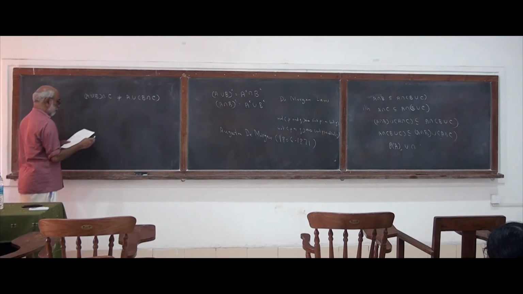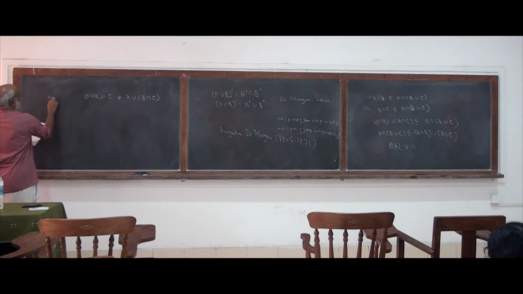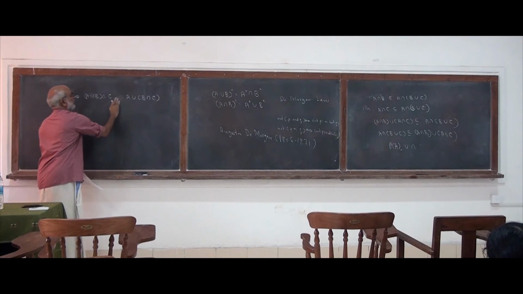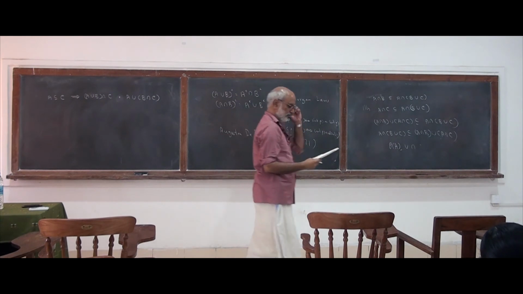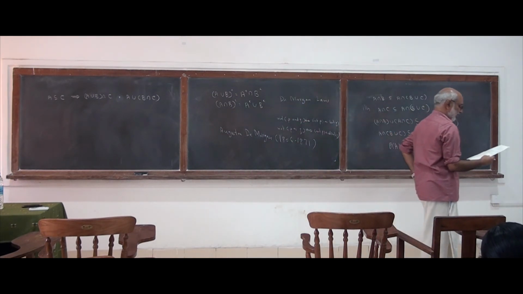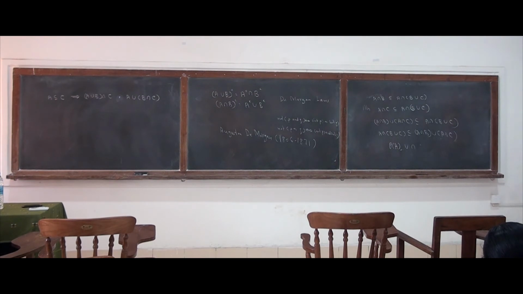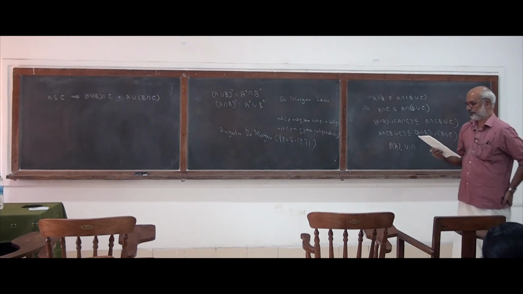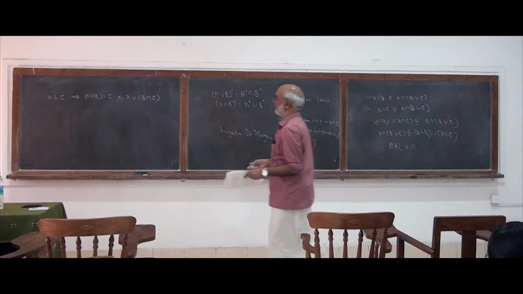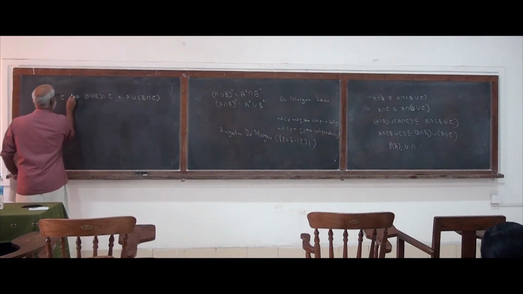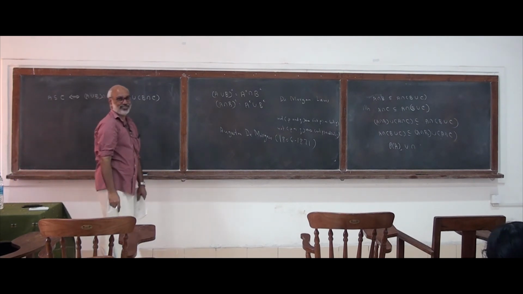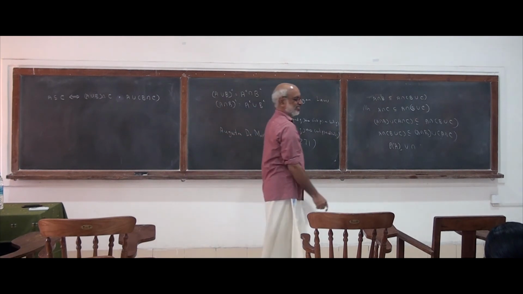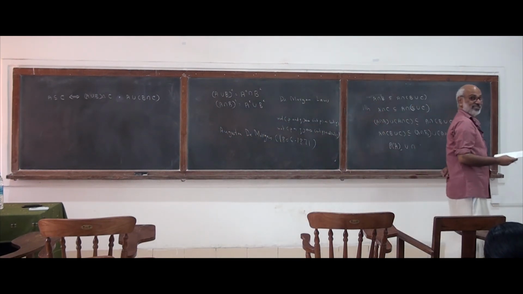But suppose A is a subset of C, then these two are equal. If A is a subset of C, then A union B intersection C is the same as A union B intersection C. Conversely, if this is true, then we can get that A is a subset of C. I am not proving this.